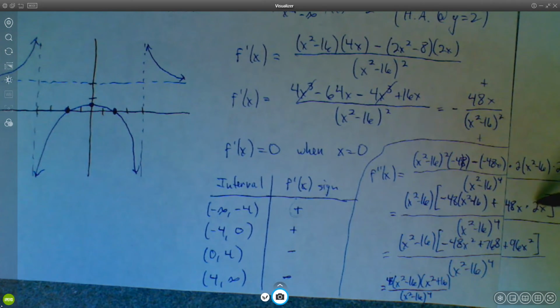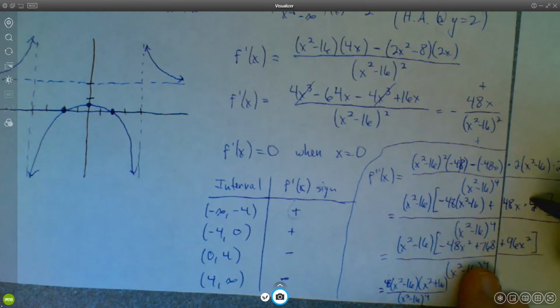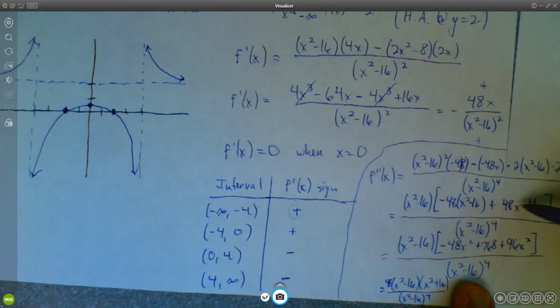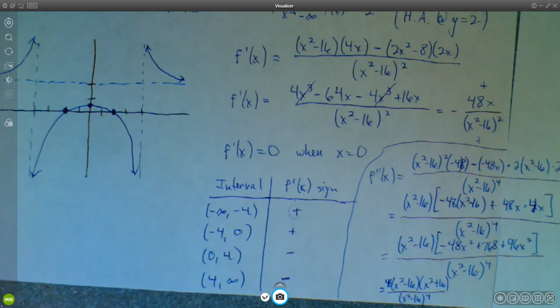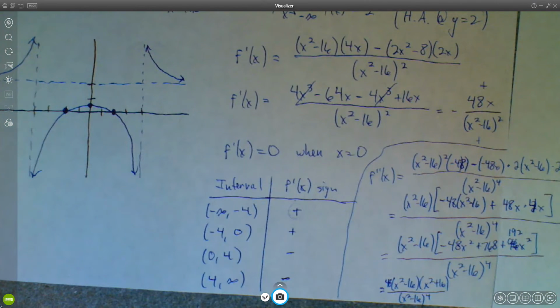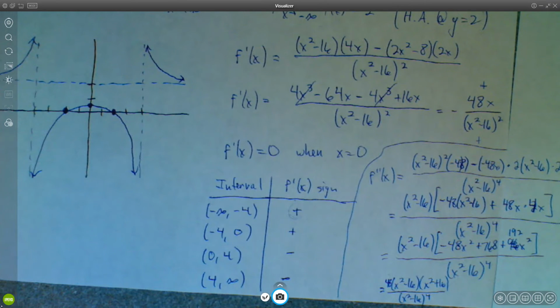Maybe it was here. Yep, this should have been a 4x. I apologize. And so instead of 96, I would have had 48 times 4 is 192. And then 192 minus 48 would be 144. And then if I take out the 48, 144 divided by 48 is 3, sure enough.